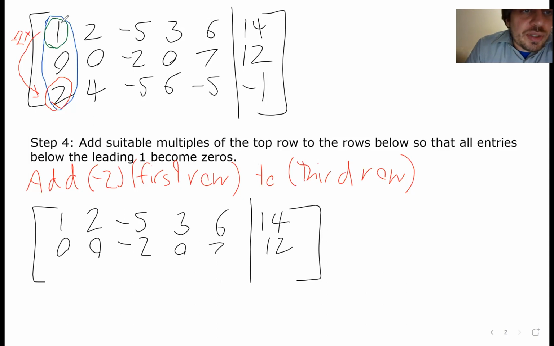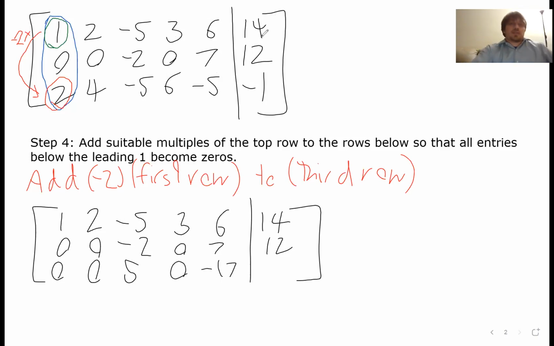If you take -2 times this and add to this, you get 0. -2 times 2 is -4. -4 plus 4 is 0. -2 times -5 is 10. 10 plus -5 is 5. -2 times 3 is -6. -6 plus 6 is 0. -2 times 6 is -12. -12 plus -5 is negative 17. And then negative 2 times 14 is negative 28. Negative 28 plus negative 1 is negative 29. So now we get those numbers there.